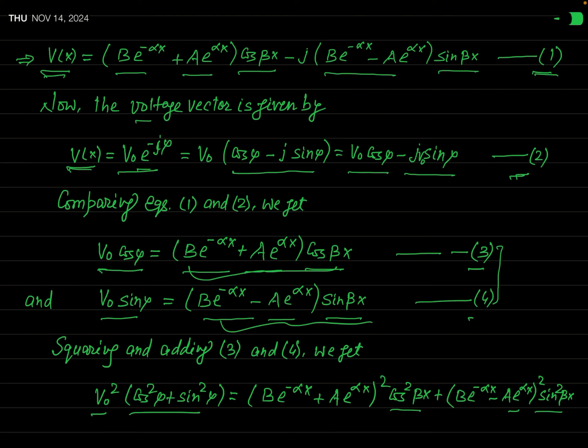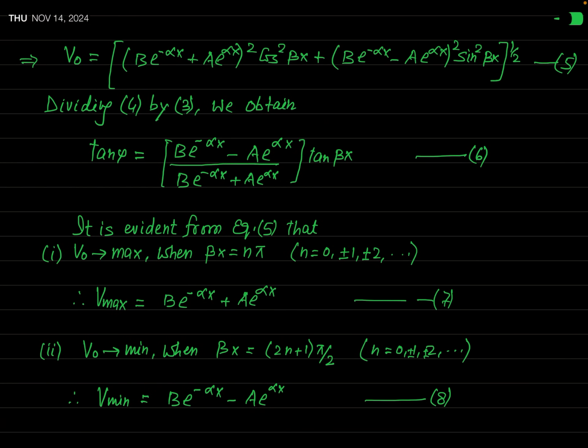But you know cos square phi plus sin square phi is equal to 1, and therefore V naught will simply be the square root of the expression on the RHS.